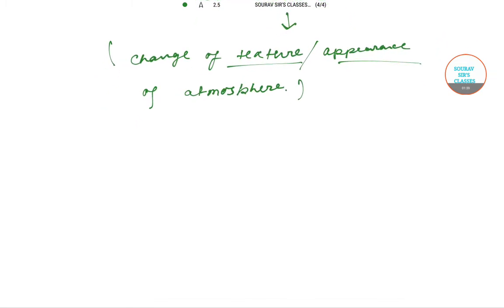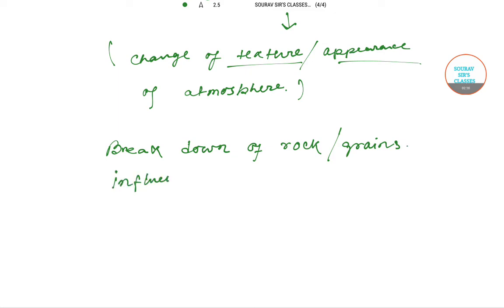Now in terms we can say that this is the breakdown of rock or the grains influenced by some certain parameters.